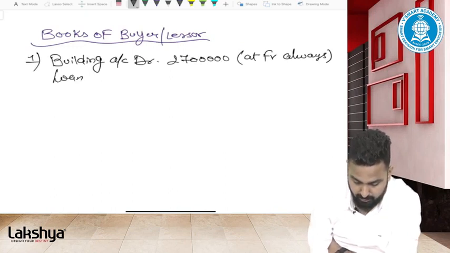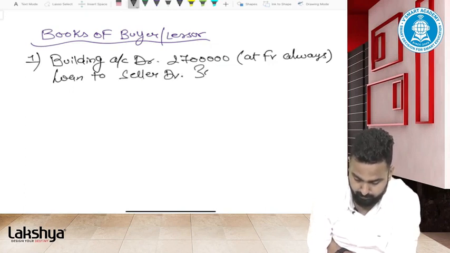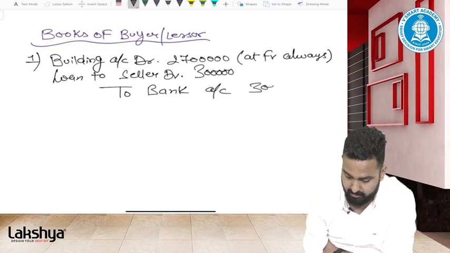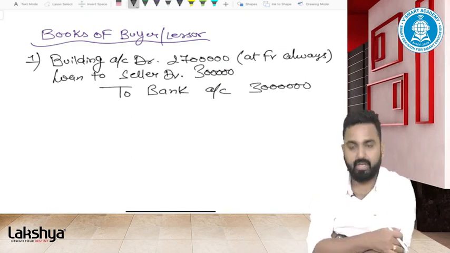Right. Loan to seller, to bank account 30 lakh.